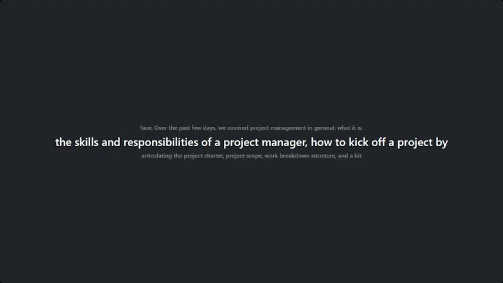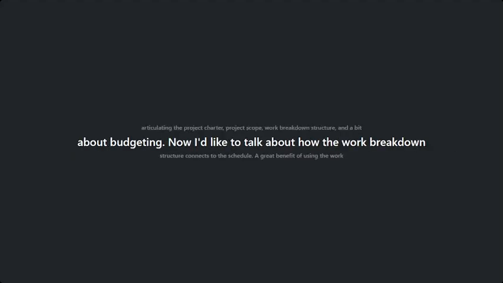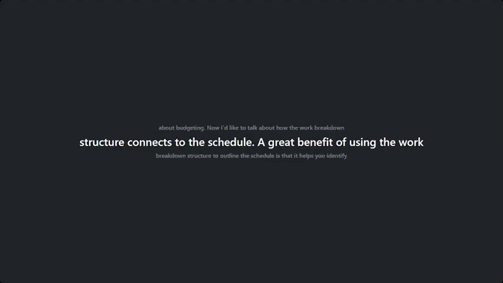So we've been talking the last few days about project management in general, what project management is, the skills and responsibilities of a project manager, kicking off a project with articulating the project charter, and then we talked about the project scope and the work breakdown structure and a little bit about budgeting. So today I want to talk about how the work breakdown structure connects to the schedule.